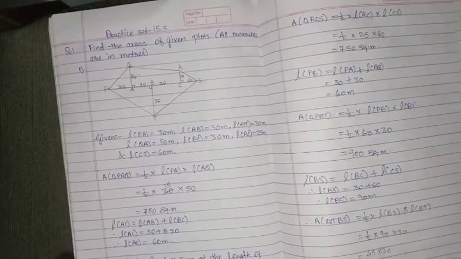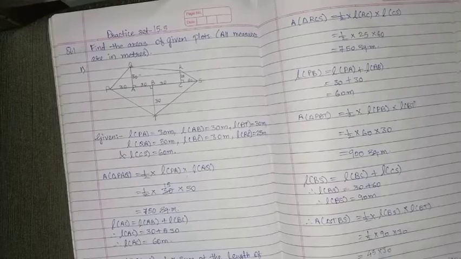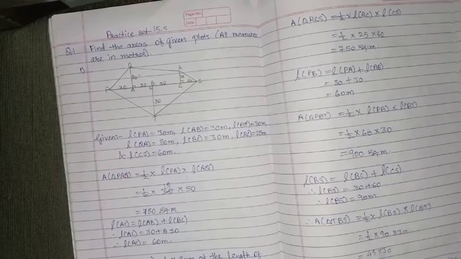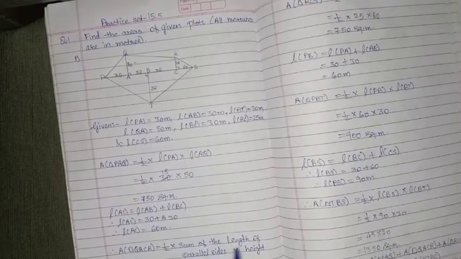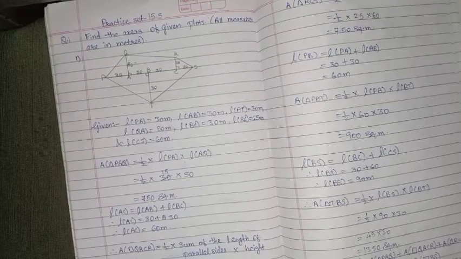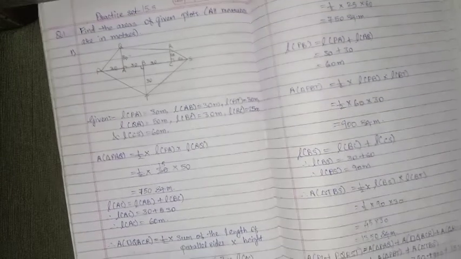This is a trapezium, so we can use the area of trapezium formula over here. Half into the parallel sides, which are length QA and length RC. So half into length QA plus length RC into length AC.